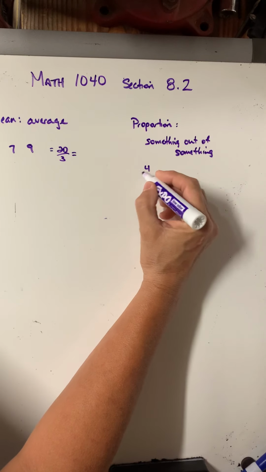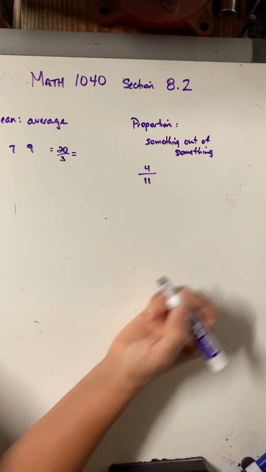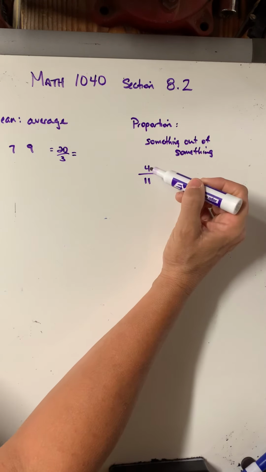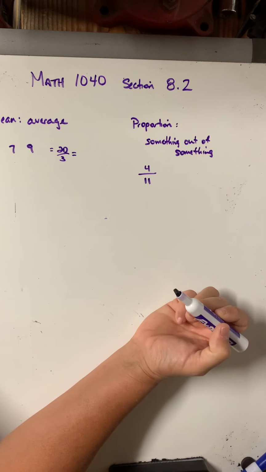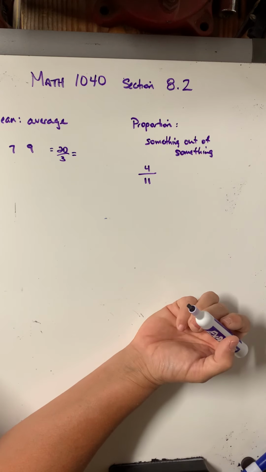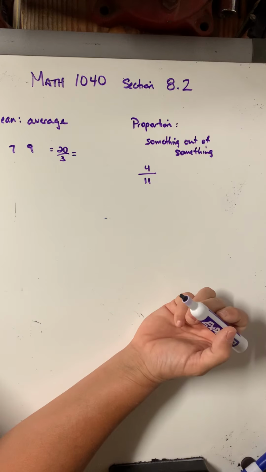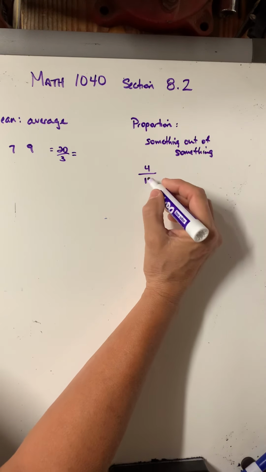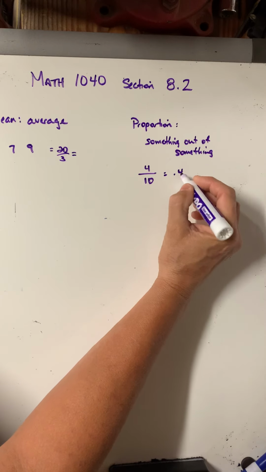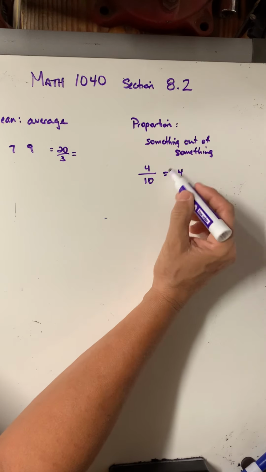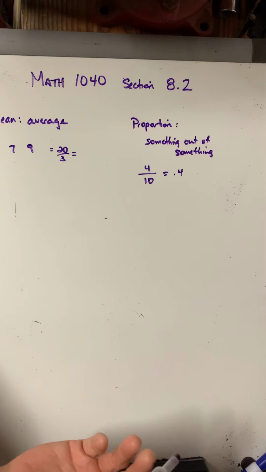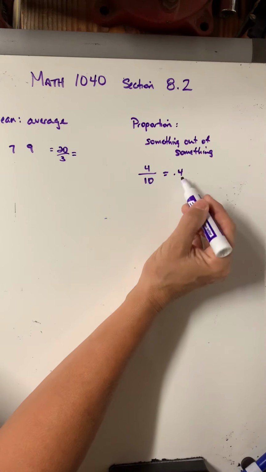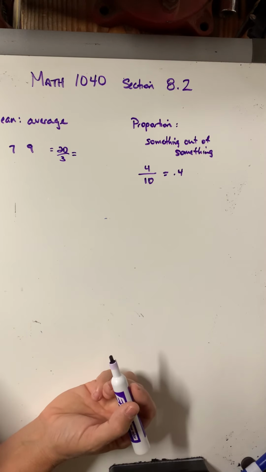Oh, well, there were 4 out of 11. So a proportion has to do with the fraction out of the total. It's very similar to thinking about probabilities, but if I did something easier, let's say 4 out of 10, then the proportion would be 0.4. So a proportion is always going to be a number between 0 and 1 when you convert it to a decimal, okay?